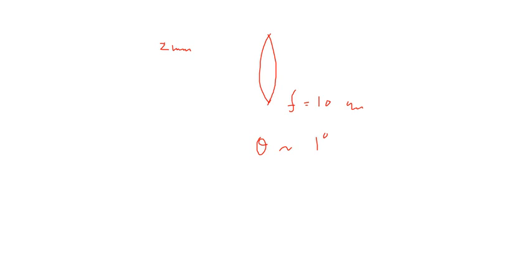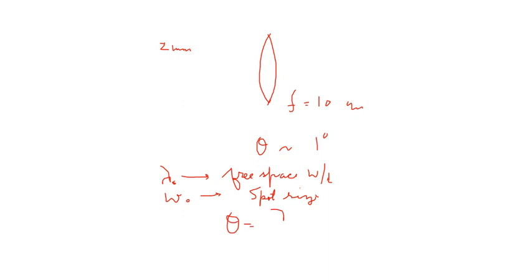If the laser beam has a free space wavelength lambda 0, and the spot size is W 0, that we have seen in the last lecture, then the divergence angle must be equal to lambda 0 by pi W 0.